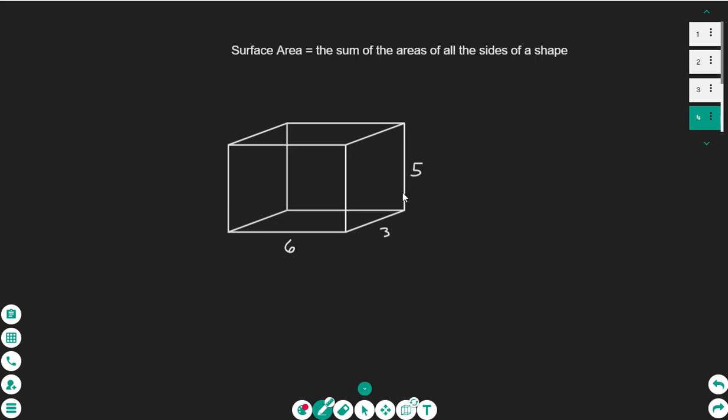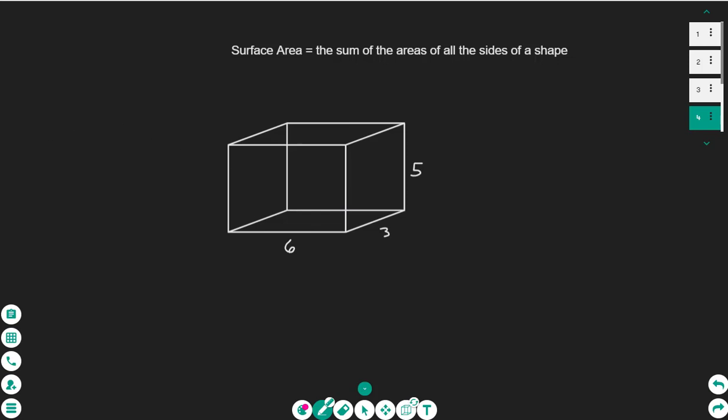All right. All that really means is we take all the areas of all the different sides and we add them all together. And that's what this definition is saying. The surface area equals the sum of the areas of all the sides of a shape. So it's actually really straightforward, in particular for rectangular boxes like this. So how would I find the surface area for this shape?